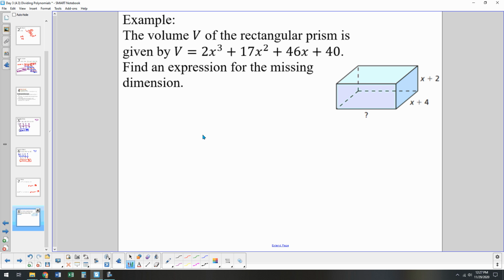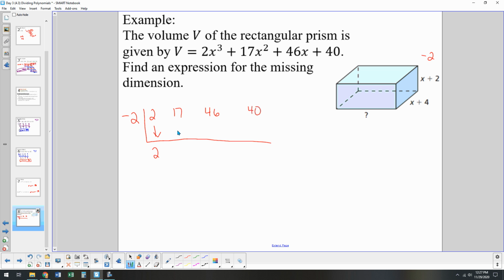So I'm going to divide one part at a time. I'm going to start by taking out the x plus 2, which means I'm really using a negative 2. So I'm going to put negative 2 on the outside, and now 2, 17, 46, and 40.